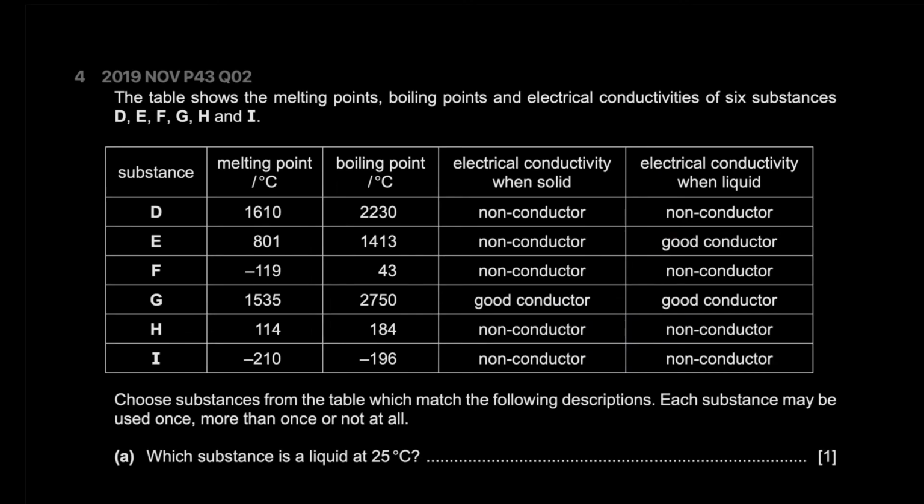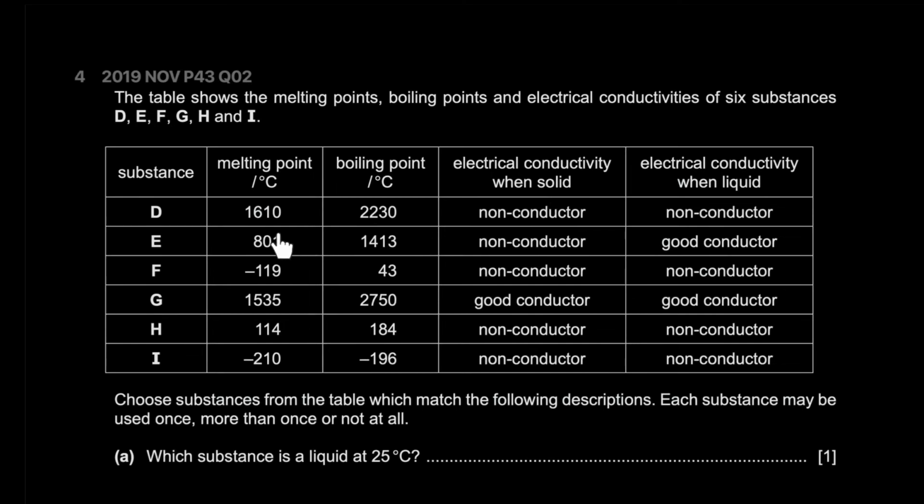All right, so we have a table with melting point, boiling point, electrical conductivity as a solid, and electrical conductivity as a liquid when it's molten. So I guess we can just quickly figure out which type of substance each of these is. D does not conduct electricity as a solid, so it's not a metal, and nor when it's molten.